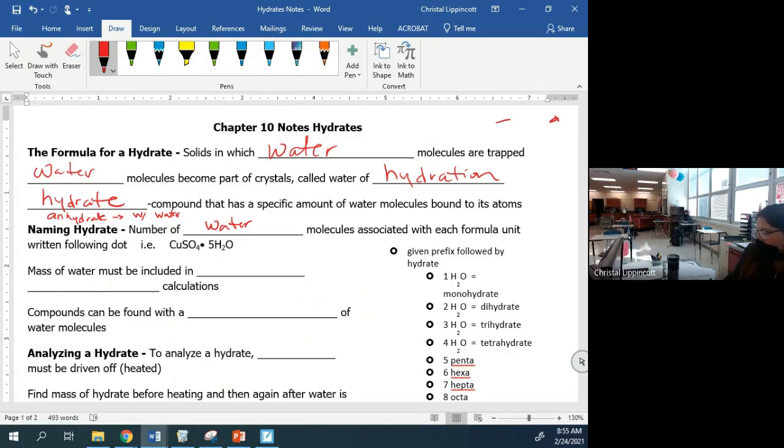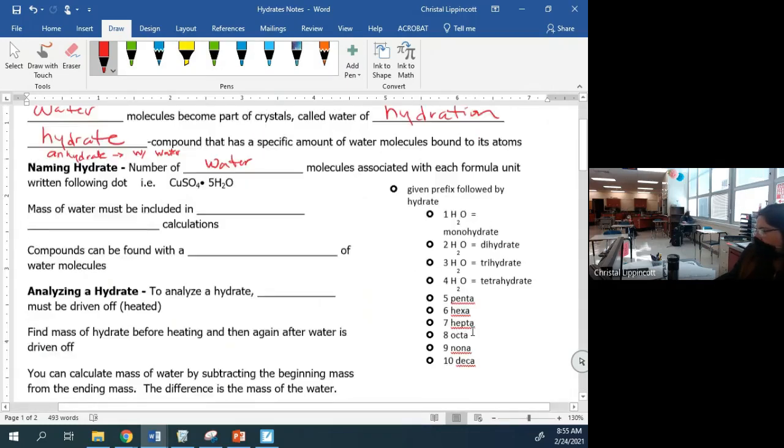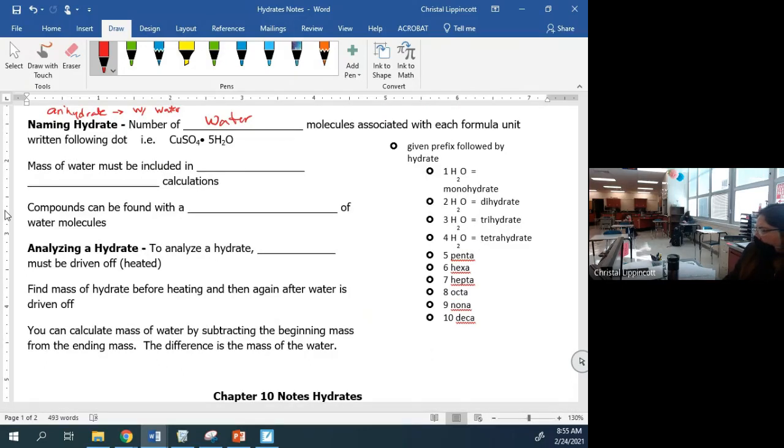Penta is the 5. These are the same prefixes that we used back when we were doing covalent compounds. Okay, so mass of the water must be included in your molar mass calculations.